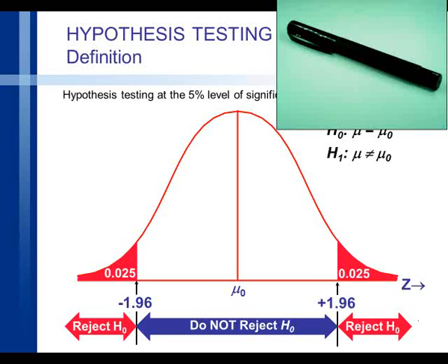Okay? Then the second part is you set the level of significance. Okay? And the level of significance is going to determine these probabilities in the wings. Okay? In the tails of the distribution.